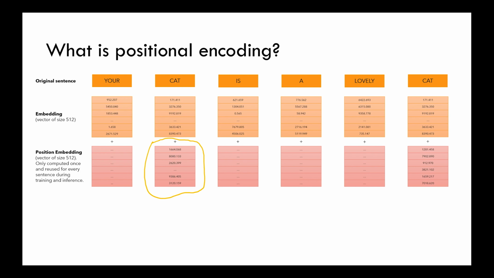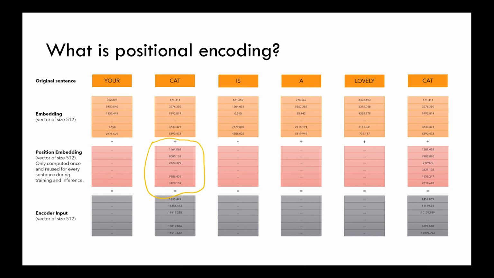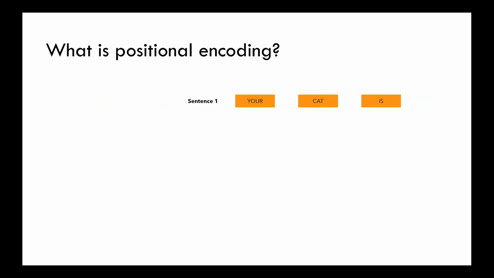So if we have another sentence with another word here, we will add the same position embedding. After we add this vector, we get a new vector that we feed to the encoder. As you can see, the size of the output vector is still 512, so we didn't change the size of the vector.